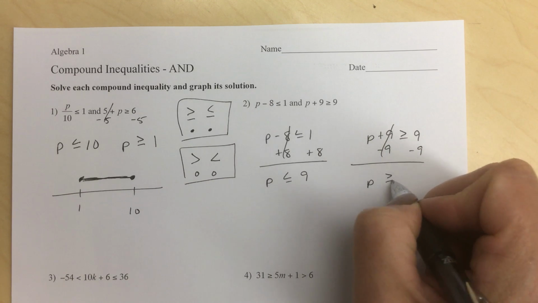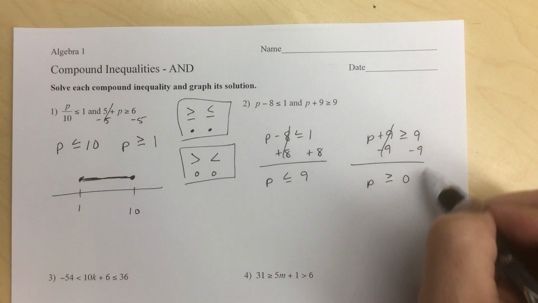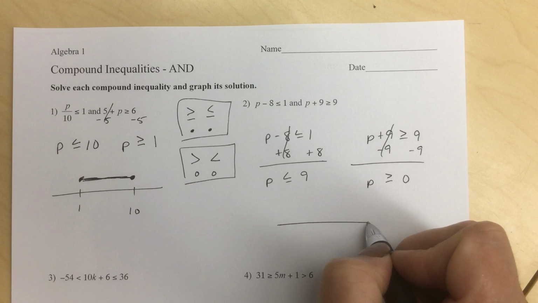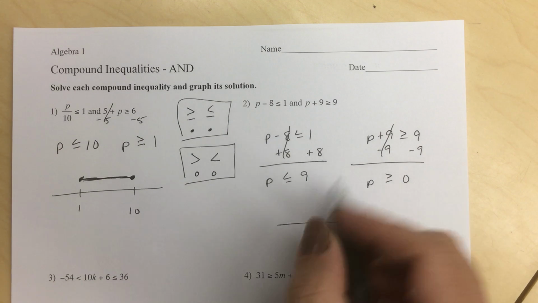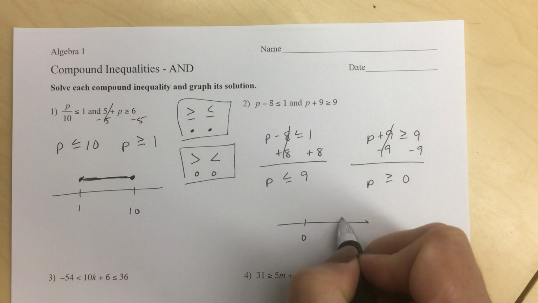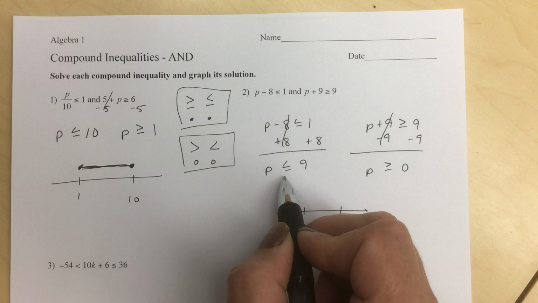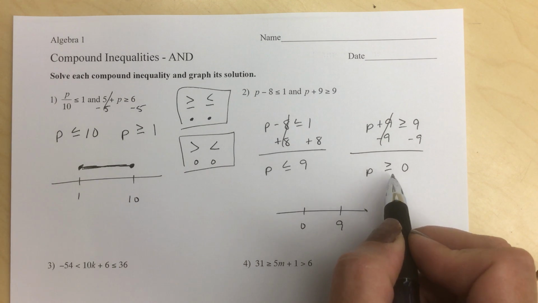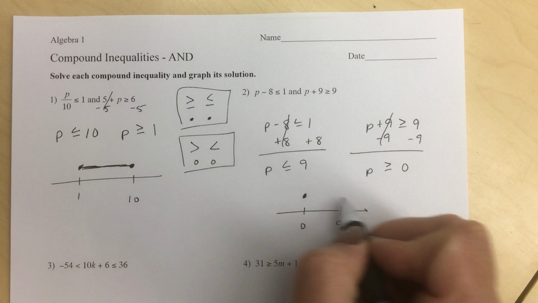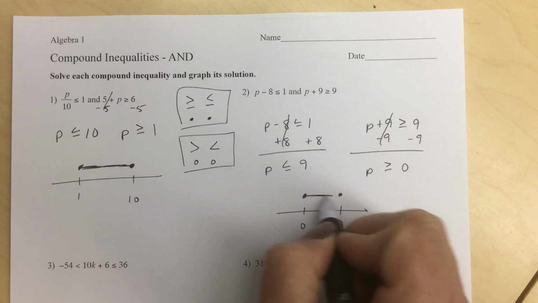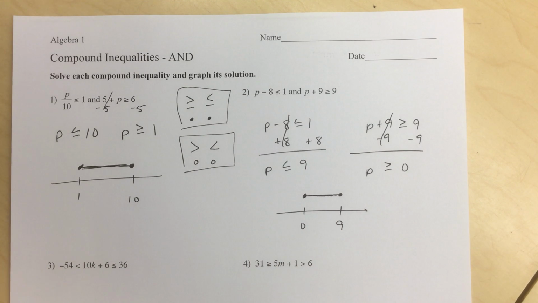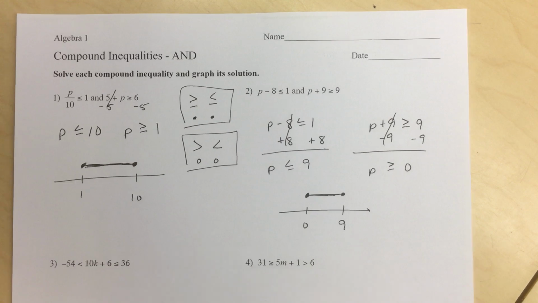So p is greater than or equal to 0, because 9 minus 9 is 0. Draw my number line, and I'm going to label it 0 and 9. And so I want everything that's less than or equal to 9, and everything greater than or equal to 0. So again, I have closed dots, and I'm shading in between them, all the numbers that are in between 0 and 9.